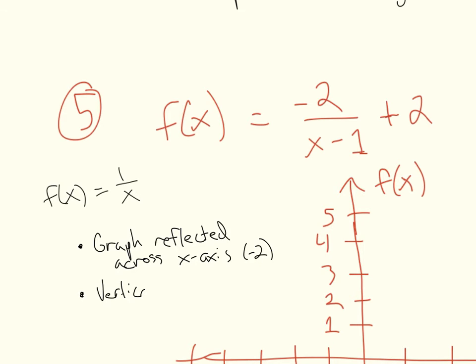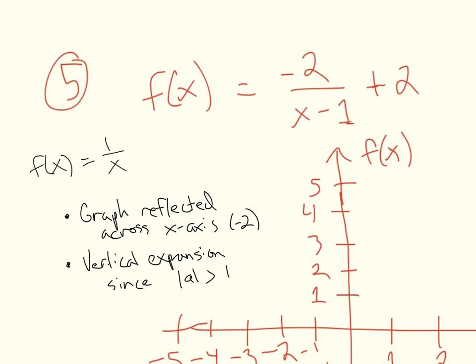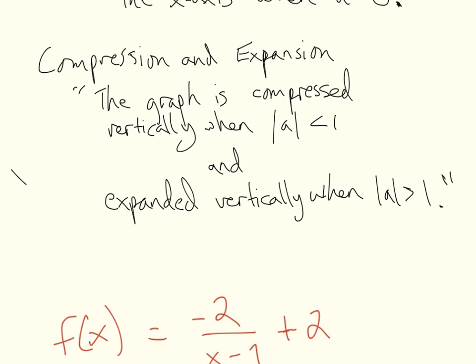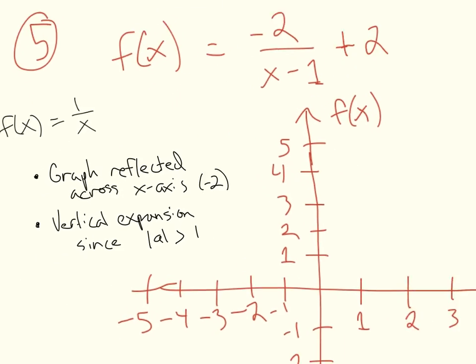Vertical expansion, since the absolute value of a is bigger than 1, right? If I plug in negative 2 right here, the absolute value of negative 2 is 2. 2 is greater than 1, so that causes a vertical expansion based on our rules up here. Expanded vertically when the absolute value of a is greater than 1.